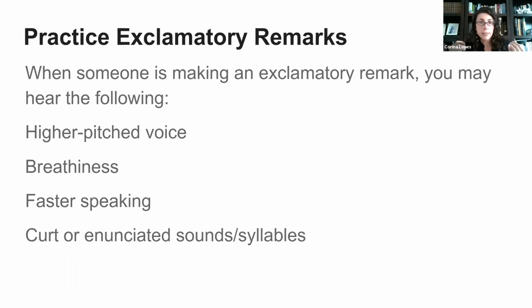The consonants might come out more sharply, okay? So again, you might not have all 4 happen at the same time, but there's usually a combination. And so that's how you can know that someone is expressing some sort of excitement or exuberance or urgency in a message. Okay.